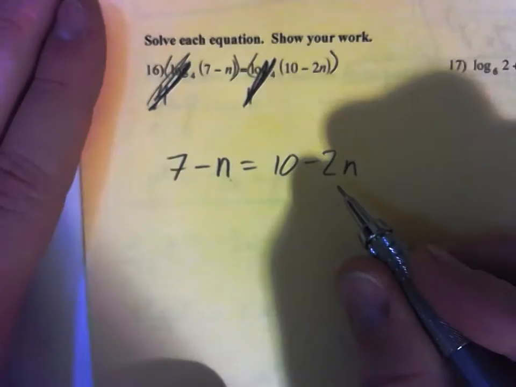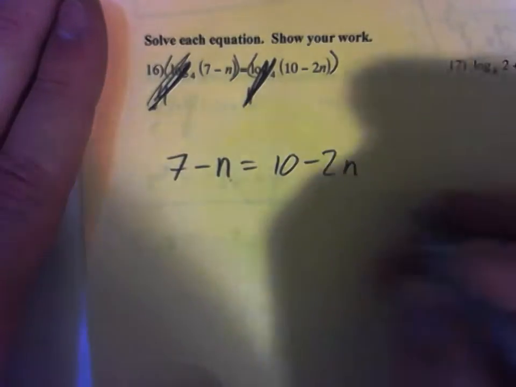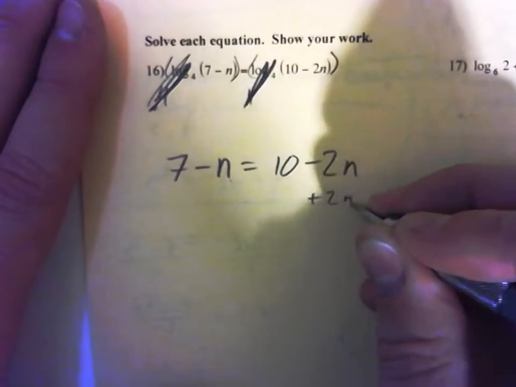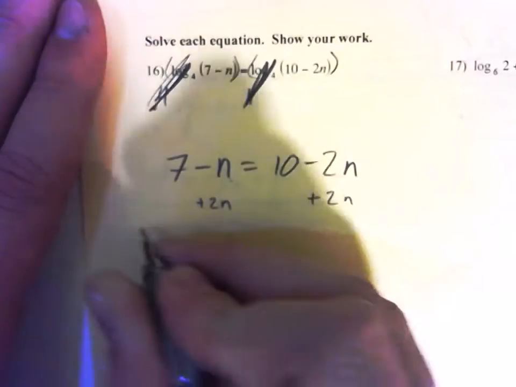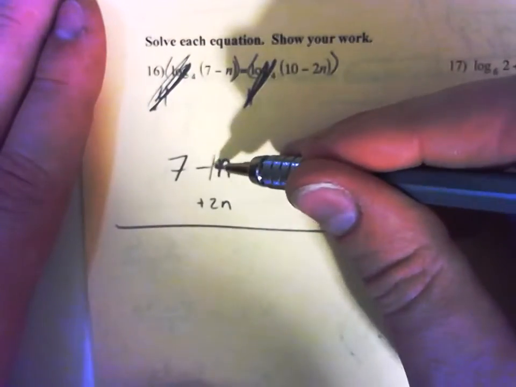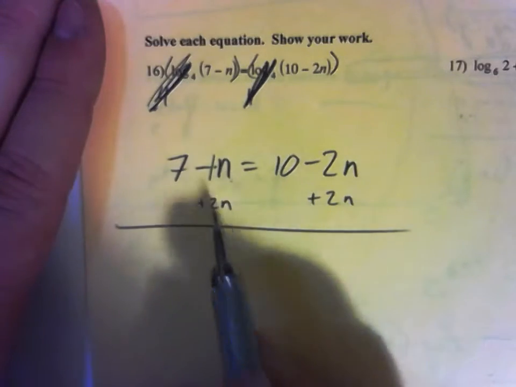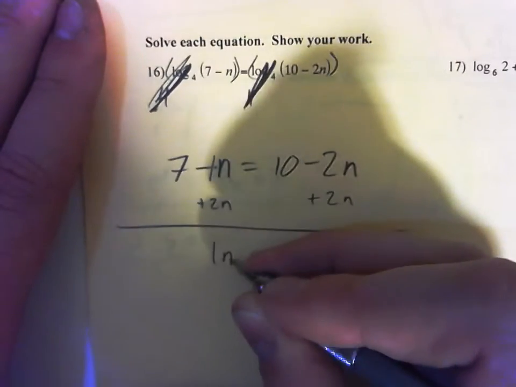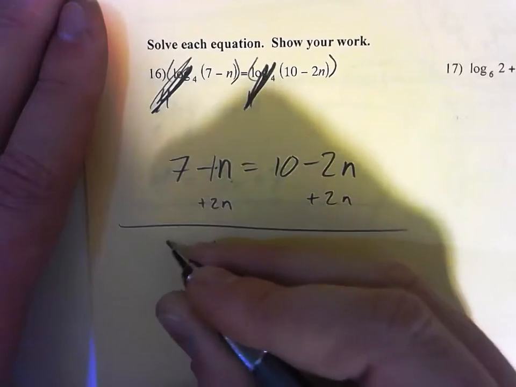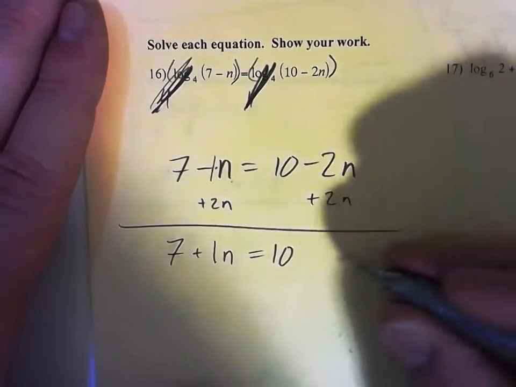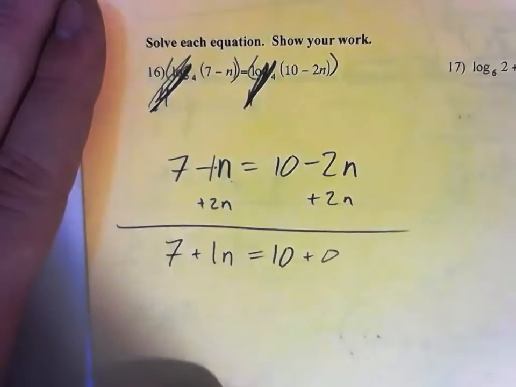So now we got to solve for n. Pretty easy. We got to combine all the n's. Let's add 2n to both sides. And that's negative 1n, in case you're getting a little confused here. Negative 1n plus 2n is positive 1n, and negative 2n plus 2n is 0.